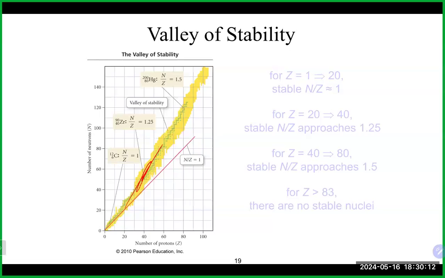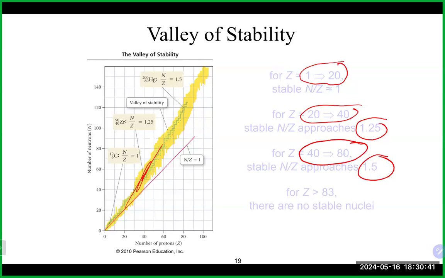If your atomic number is between 1 and 20, then the acceptable neutron to proton ratio is 1, and that would be considered stable. In this situation, you're either higher or lower than 1, and that determines which way you're going to go. Between 20 to 40, you move to a 1.25 acceptable ratio. 40 to 80, 1.5 is the acceptable ratio. Anything above pretty much 84 is going to be radioactive and not stable.